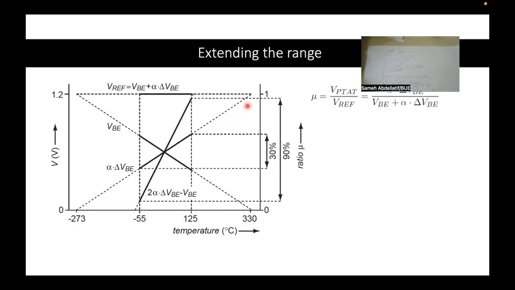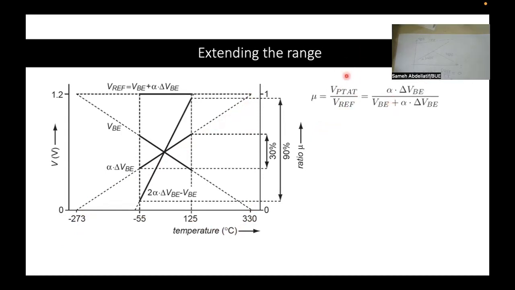The mu is simply a normalization factor between the VPTAT, which is a reflection of the change in temperature, and V reference, which is constant everywhere. So it seems like you have a normalized version of your voltage. If you express it in a very simple manner, VPTAT is simply alpha delta VPE, and V reference is VBE plus alpha delta VPE.